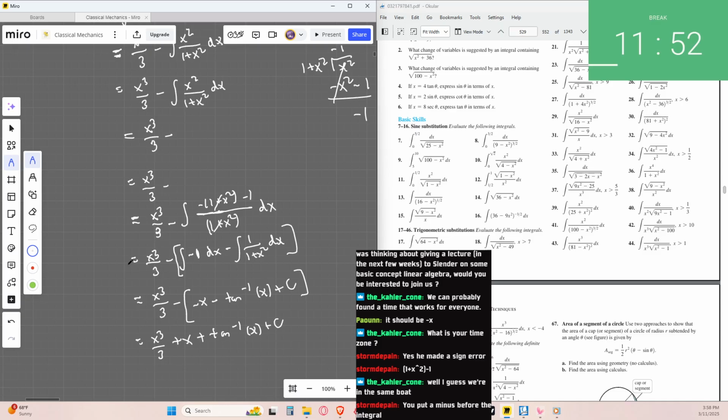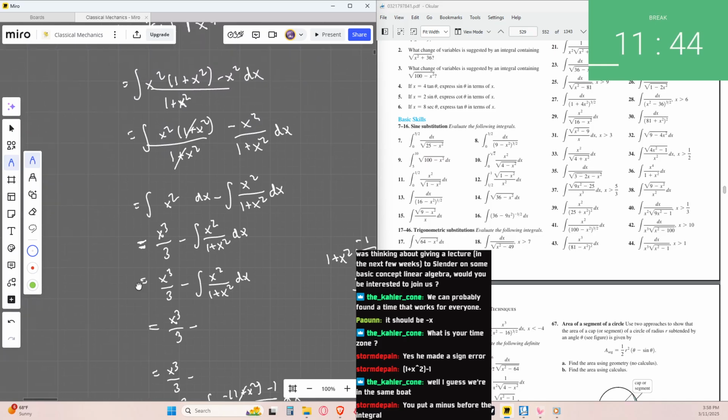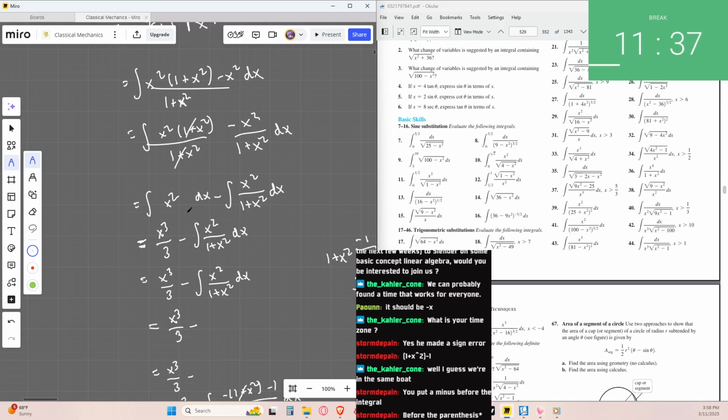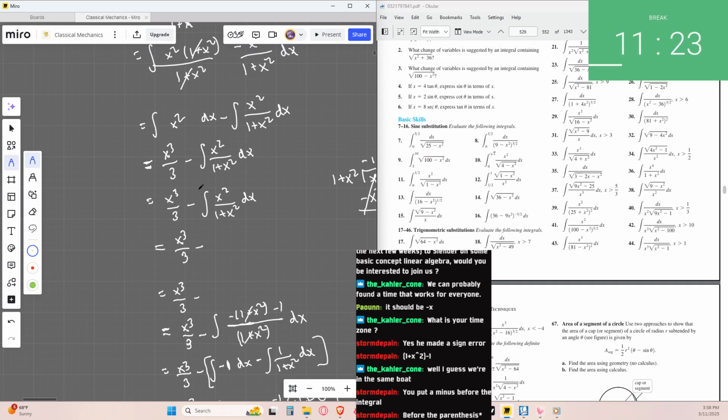You put a minus before the integral. Oops. Now, why did I do that? Yeah, because I took the minus sign out from this top portion, before the parentheses.